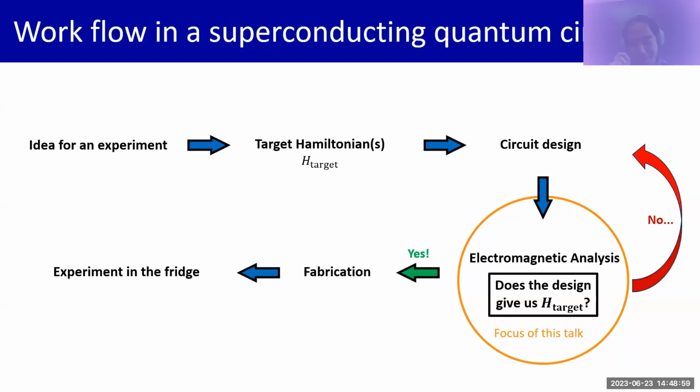If you're doing it yourself, it's always a good idea to keep track of what I am doing: I'm making the CAD design, or I'm doing the electromagnetic meshing, and what is my goal? It's always good to keep that in your mind. Or if you're not doing that yourself, it's always good to know what experimentalists do to get this done. So yeah, that's the end of the lecture.